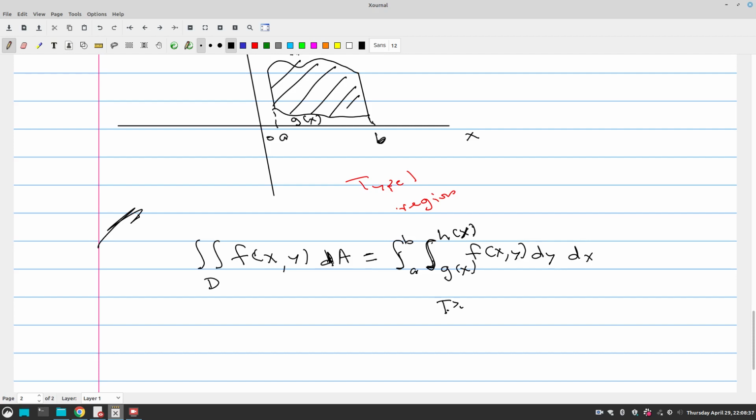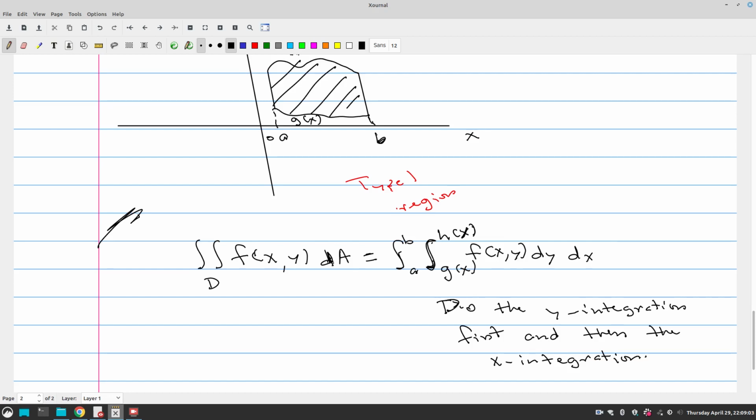Do the y integration first, and then the x integration. This is basically what it says.